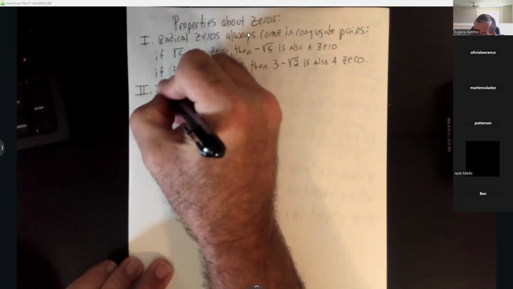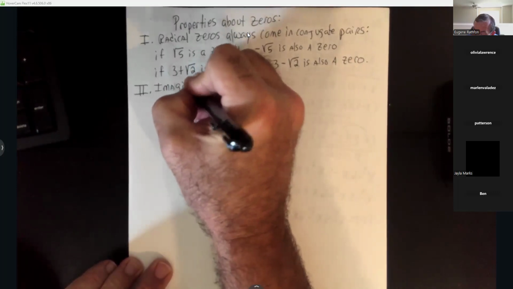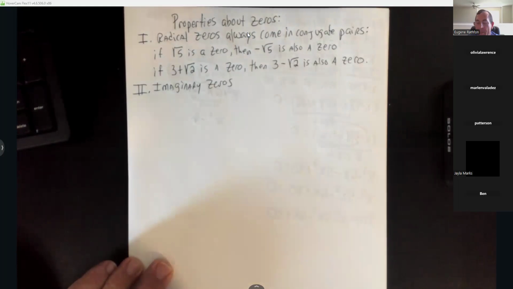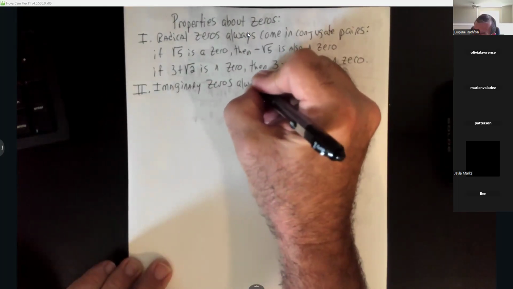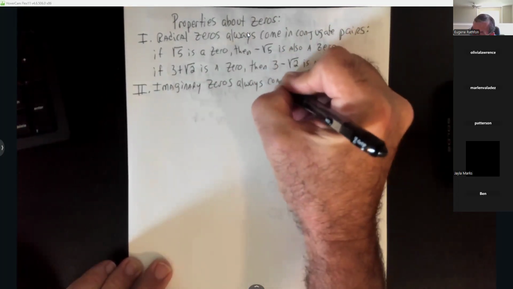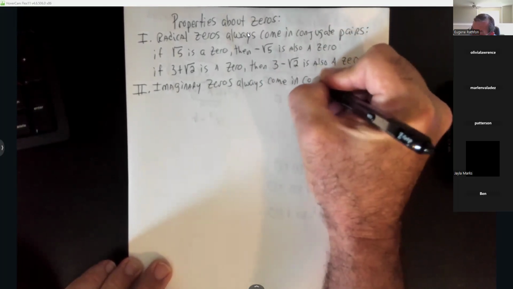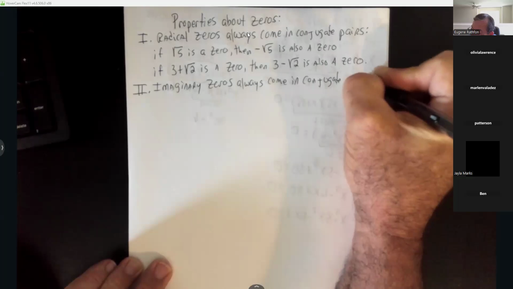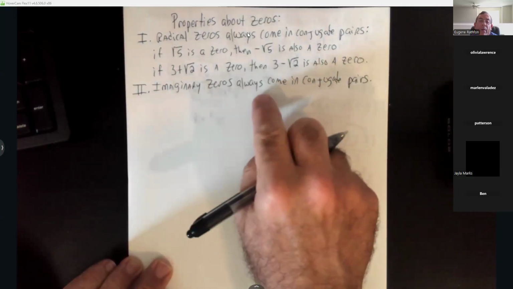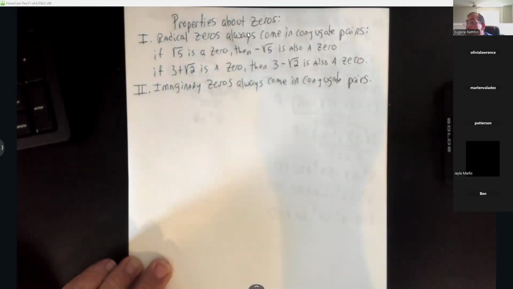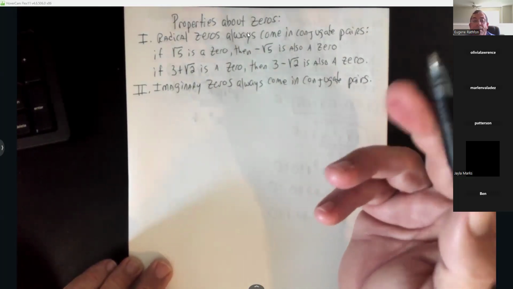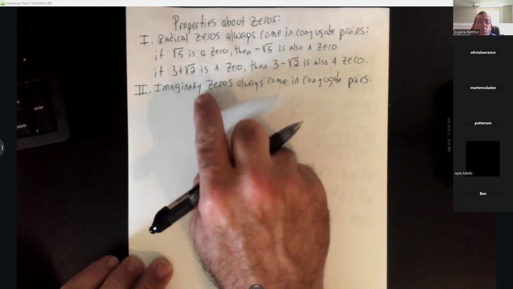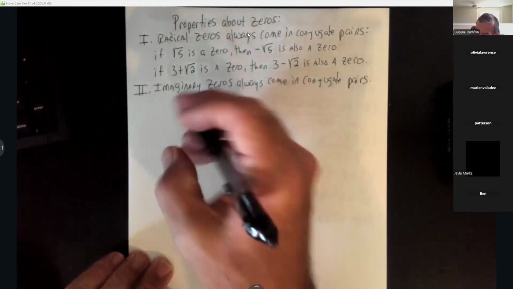So imaginary zeros always come in conjugate pairs. Remember, imaginary stuff comes from square roots of negative numbers. So you're still dealing with square roots in a way. So that's why these will always come in conjugate pairs.